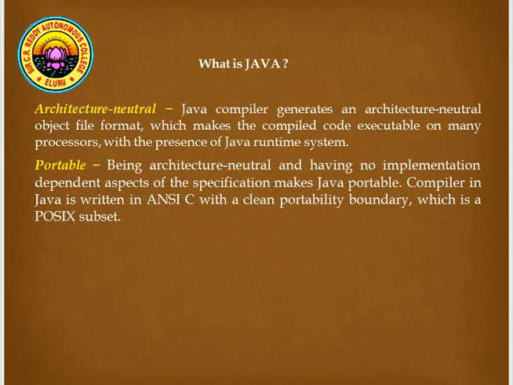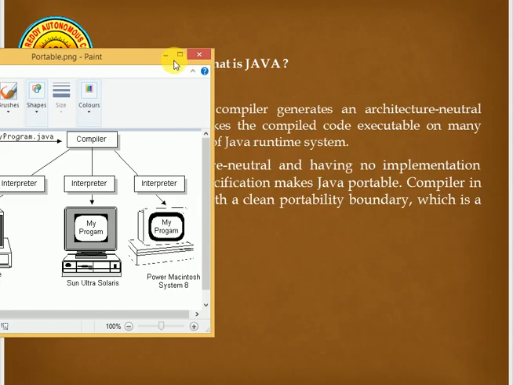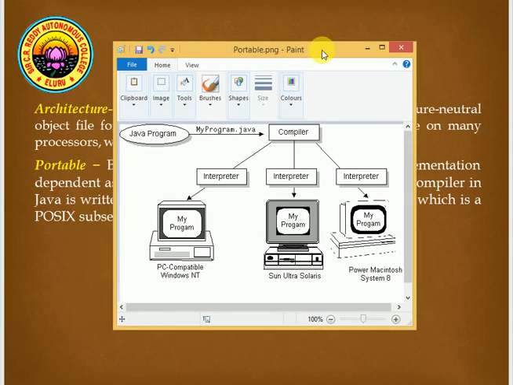A single program is enough to execute on different machines. We can say that a Java program is portable because the compiler in Java is written in ANSI C, such that it could run on any machine.